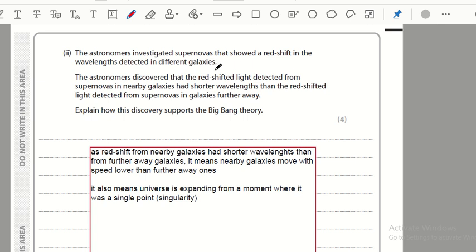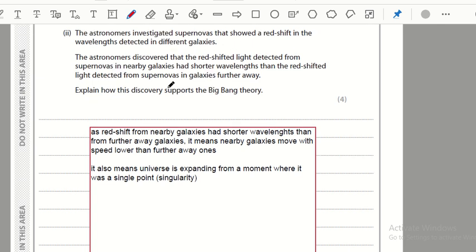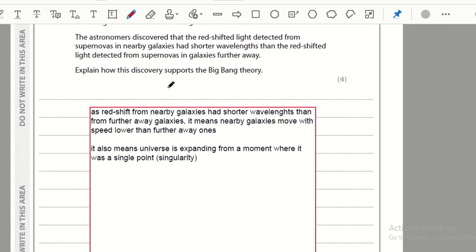Here is the redshift from a supernova, and astronomers find that nearby galaxies had shorter wavelengths than the redshifted light detected from galaxies further away.